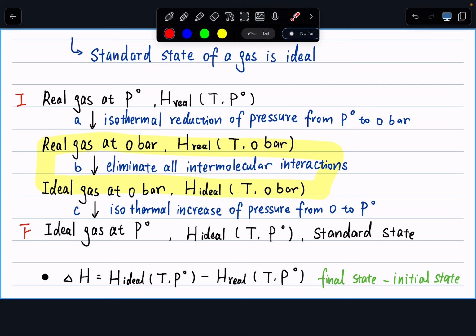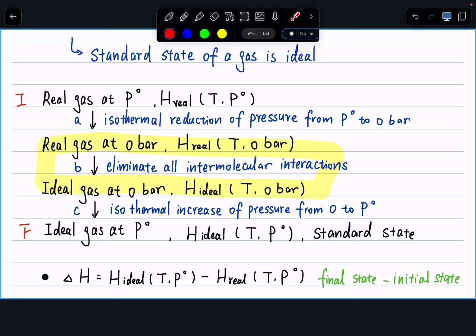The first step is we have an isothermal reduction of pressure from P naught all the way to almost 0. And then we have real gas at 0 bar. Now we're making this assumption that at 0 bar, we can eliminate all the intermolecular interactions. So we have ideal gas at 0 bar.